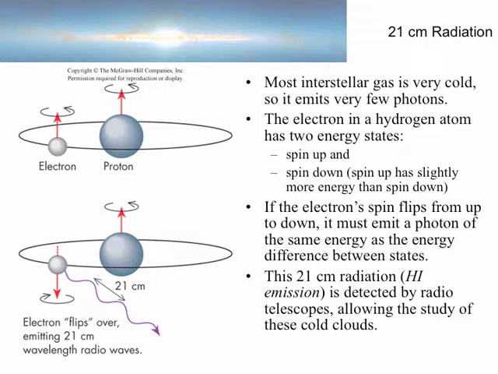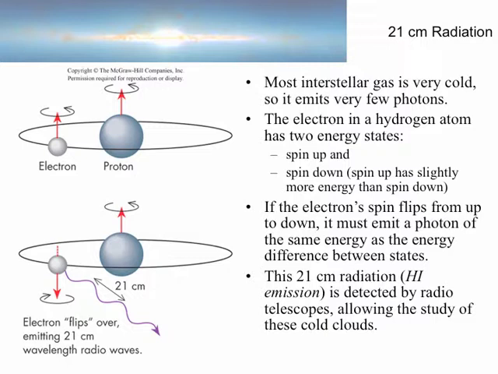And that should sort of make sense to you because that's in the radio wavelength. And we're talking about very cold space, very cold gas. And remember that when we were studying black body radiation, we were able to understand that the hotter an object is, the bluer it is. And that was Wien's law that told us that. So the opposite of this would be the colder the object, the longer the wavelength, or the redder it is.